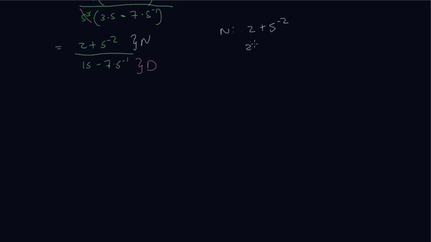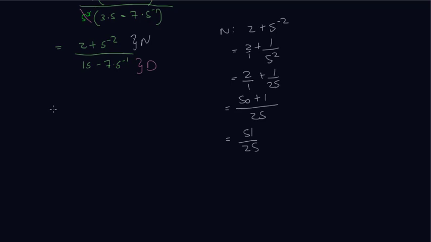So what do we do? It's 2 plus 1 over, because we want to remove the negative exponent, 1 over 5 squared. And we know that 2, even if it stands alone, is always over 1, and then it's plus 1 over 25. Then we want a common factor, which is 25. 25 divided by 1 is 25, 25 times 2 is 50, and then plus 25 divided by 25, that's 1 times 1, that's 1. So the numerator becomes 51 over 25.